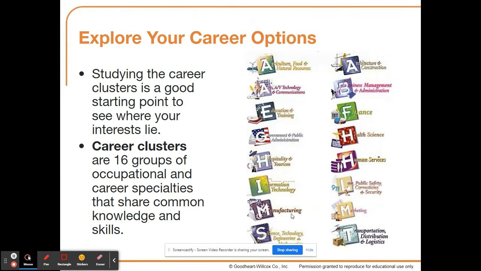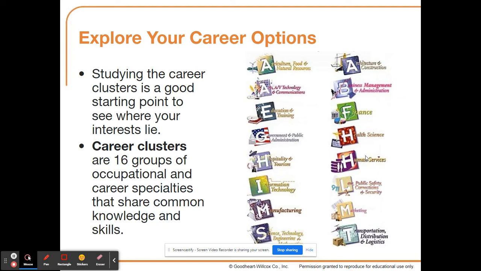Information technology, manufacturing, science, technology, engineering, and math. That's also called STEM. Architecture and construction, business management and administration, finance, health science, human services, law, public safety, corrections and security, marketing, and transportation, distribution, and logistics. So there are the 16 career clusters.